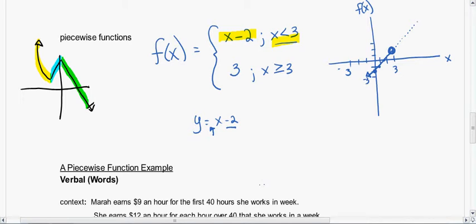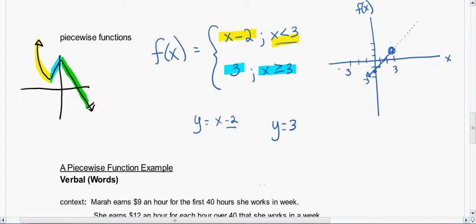Let's look at the second part. The second part of my piecewise function says, okay, at 3, the function is going to take on the value 3 forever. So you could think of it as y is going to be equal to 3, or f of x is equal to 3, from 3 on.